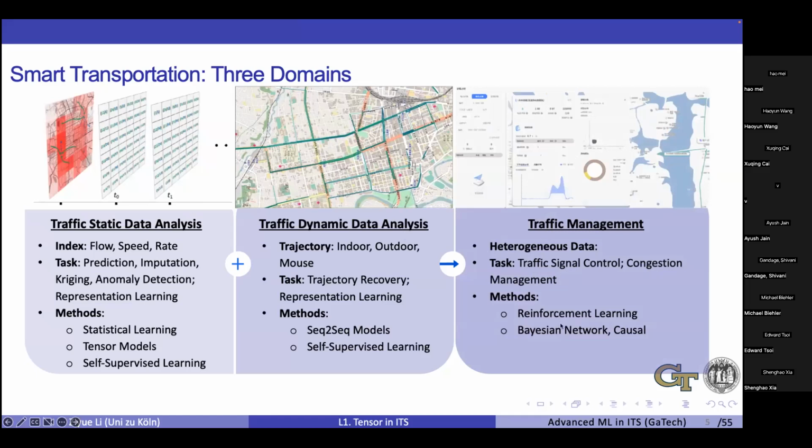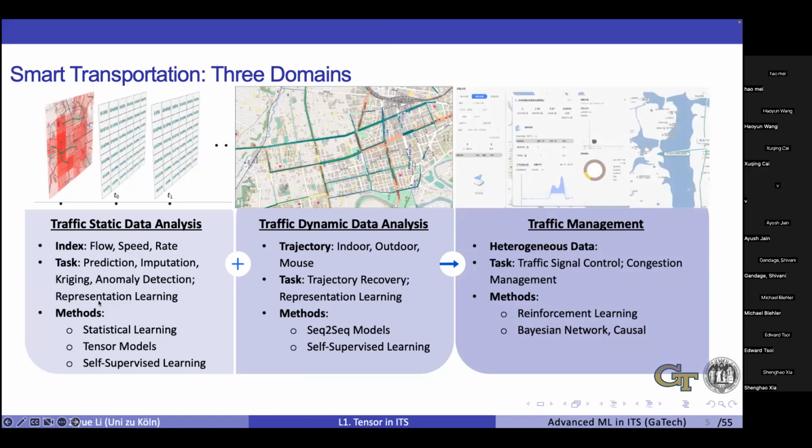The method we can use is sometimes reinforcement learning, sometimes a Bayesian network. So overall, this is the overview of how machine learning techniques can be applied in different domains inside of smart transportation.